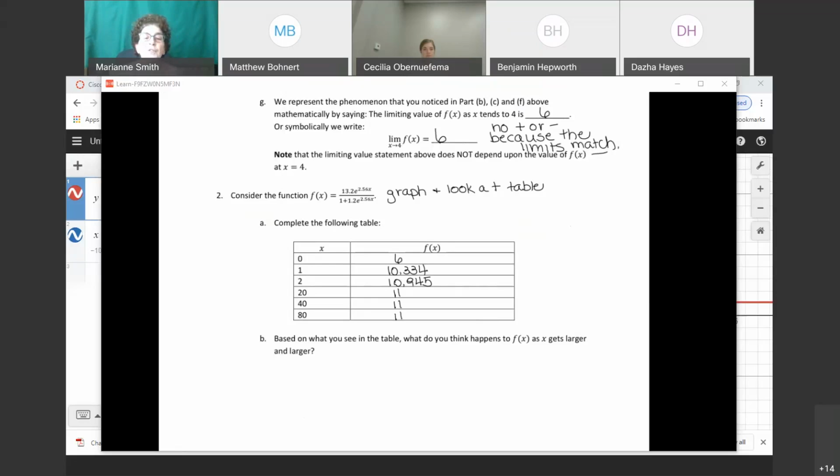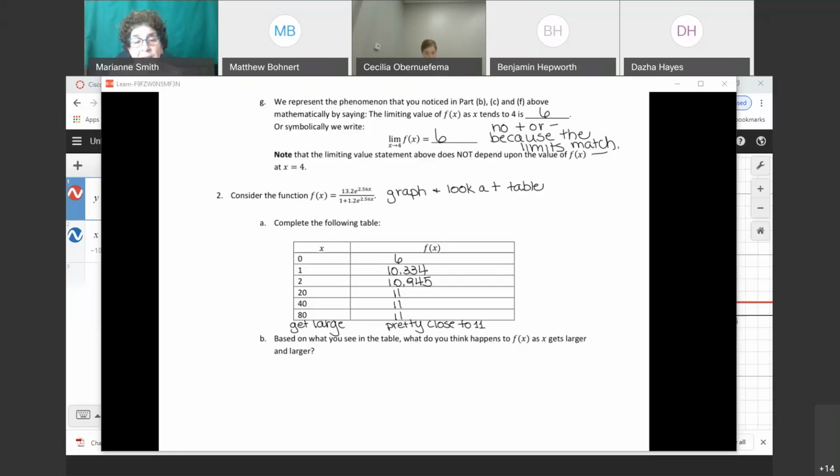So you can see what's happening here as my x values get very large. Remember the 11s aren't exact 11s, they're close. I'm limited by the accuracy of my calculator.